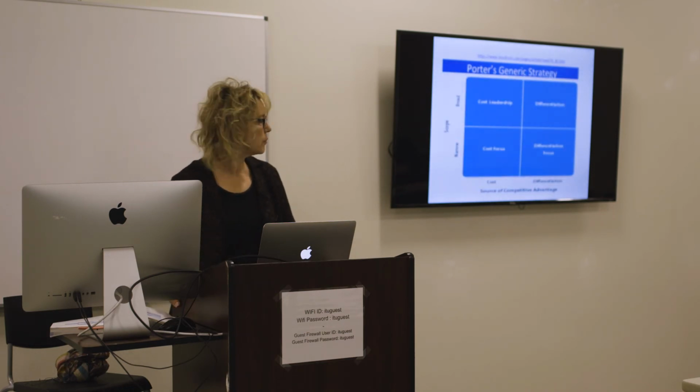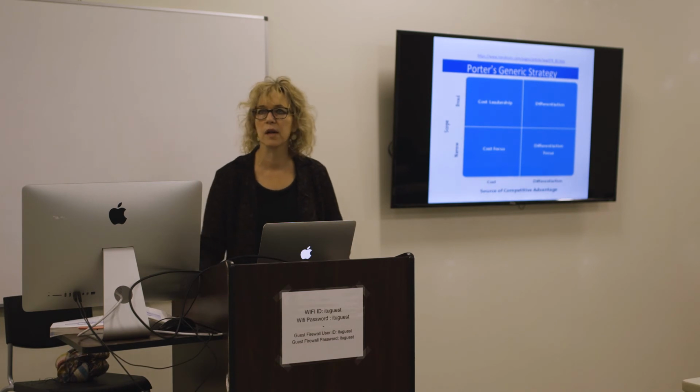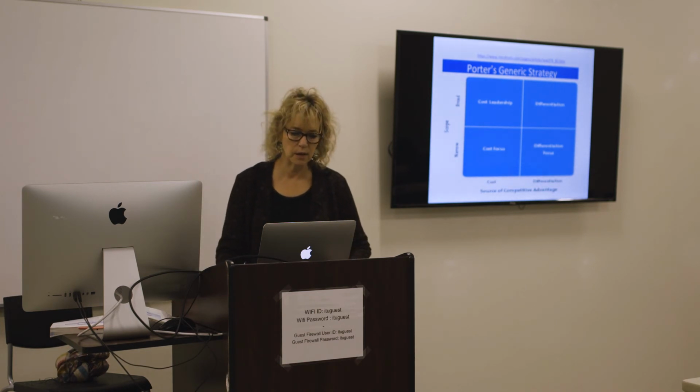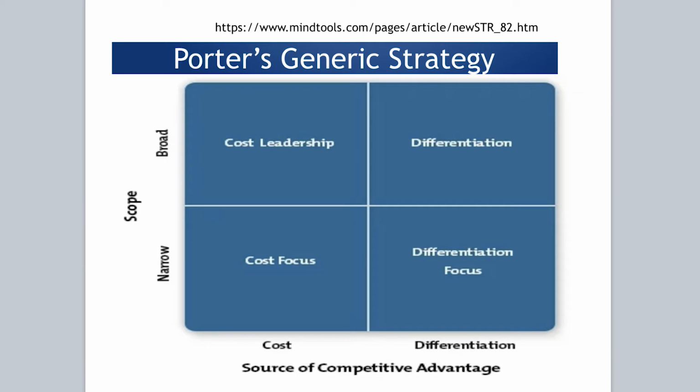Now, one of the key theorists in the whole area of marketing is Michael Porter. Michael Porter has impacted marketing thinking and marketing strategy for a long time, but Porter's generic strategy basically is what I just talked about.